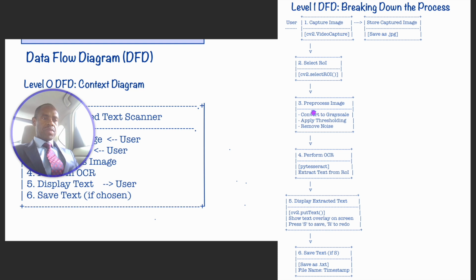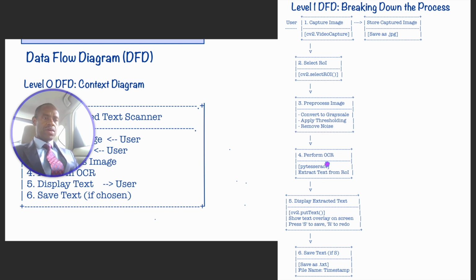Then the selected region of interest will be cropped and pre-processed. Pre-processing means converting it to grayscale, applying thresholding, and removing the noise.